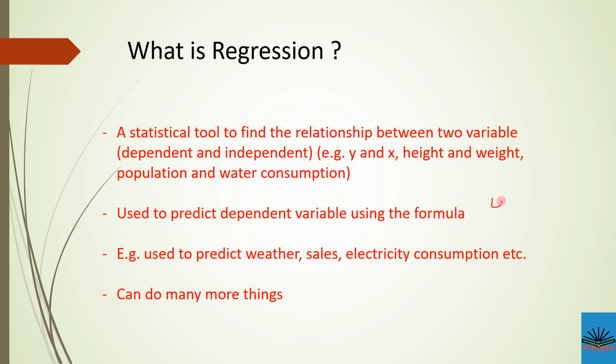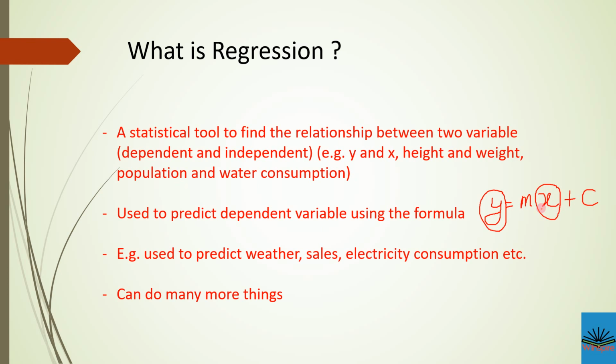So this is the dependent variable and it will be a function of the independent variable, something like this: y = mx + c. So this x is our independent variable and this y is our dependent variable. For example, this y can be our height and x can be our weight, or this y can be our water consumption and this x can be our population.